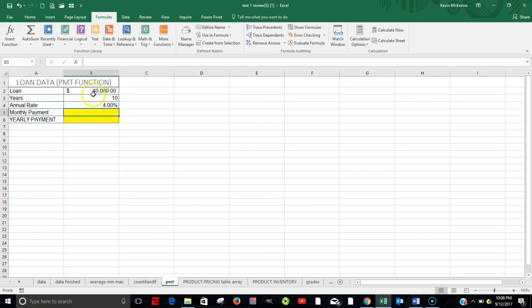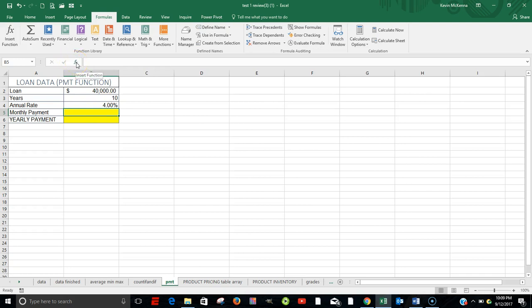So there's three variables: the size of the loan, how long you have to pay back the loan, in this case it's 10 years, and then what the interest rate is. So let's begin by clicking in cell B5, and we're going to use that PMT function.